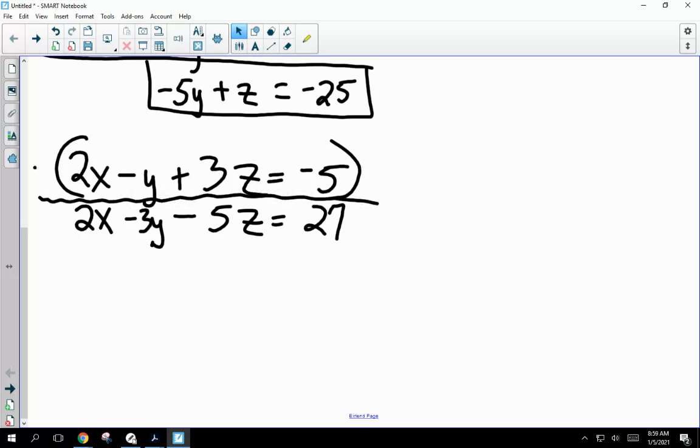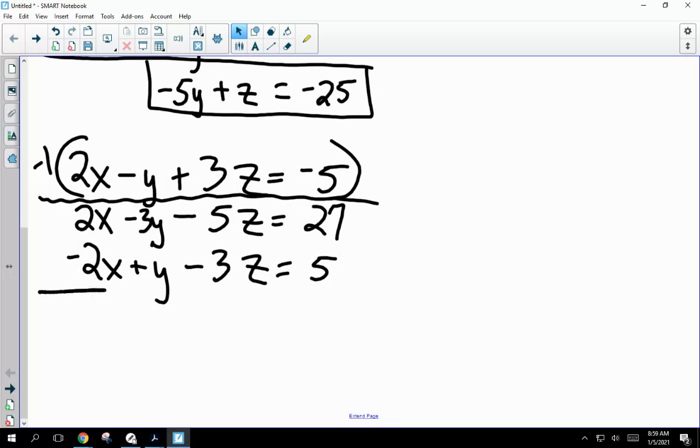So I'm going to multiply the top one by -1. -1 times 2x is a -2x. -1 times -y is a +y. Remember, everything's just going to change the sign. So -1 times plus 3z is -3z. And -1 times -5 equals +5.